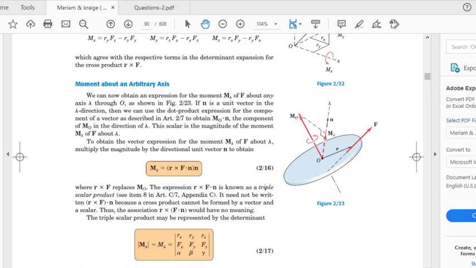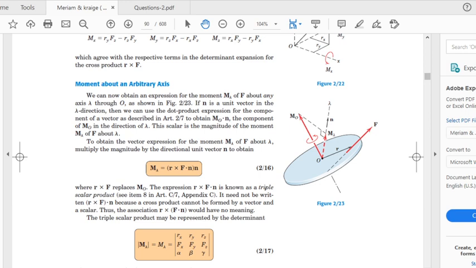R bar cross F is the moment produced about point O, and dot n will give us the projection of this moment onto line lambda.